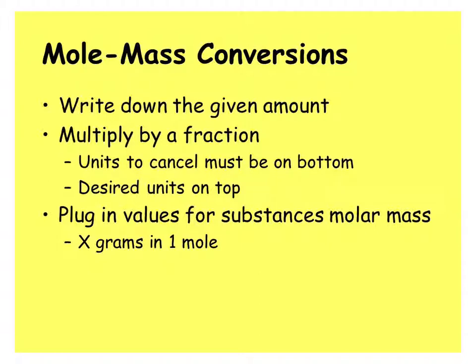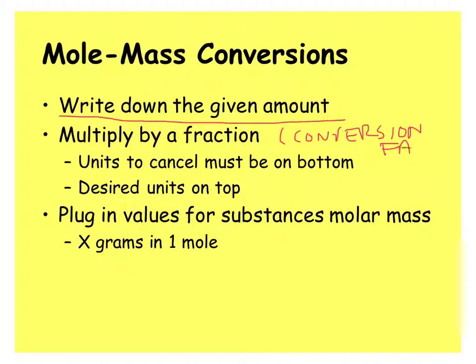So this is just like any other unit conversion. You're going to write down your given amount first. Then you're going to multiply by a fraction, or a conversion factor.